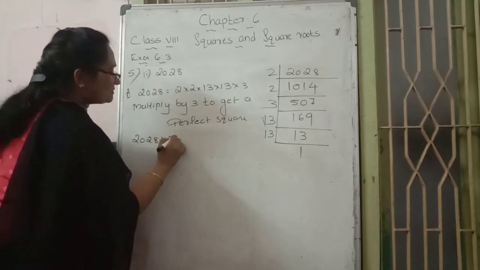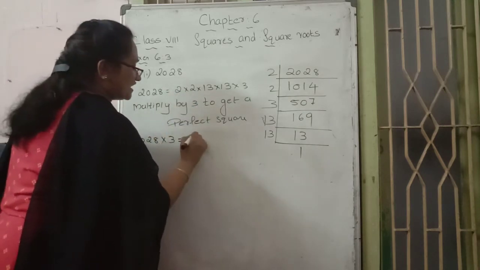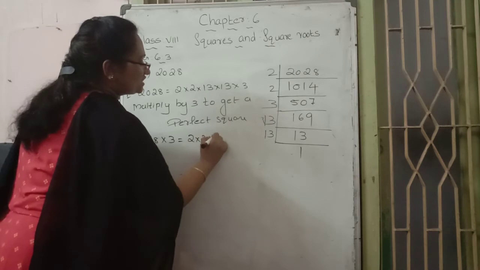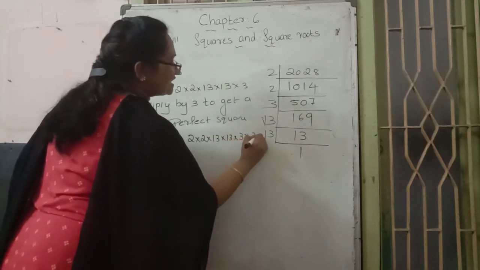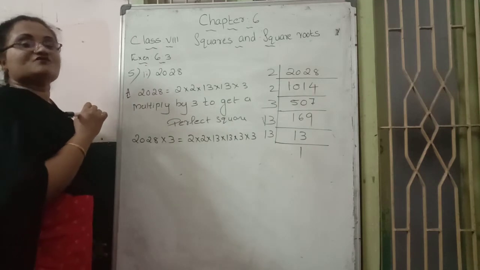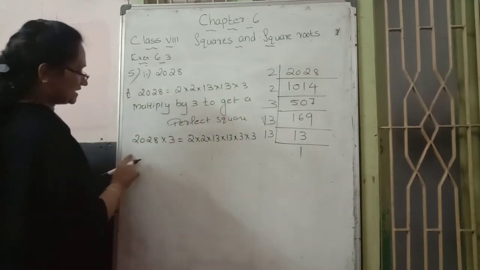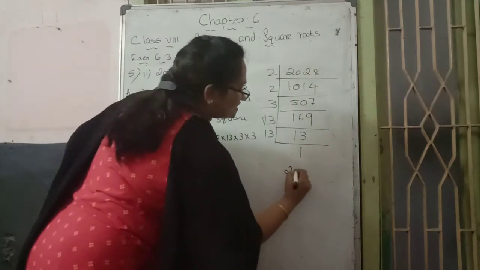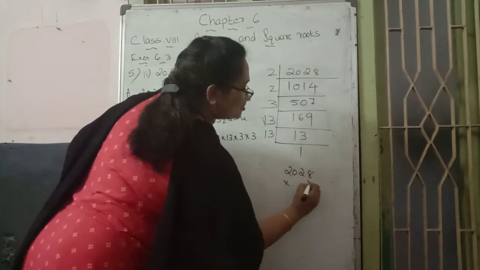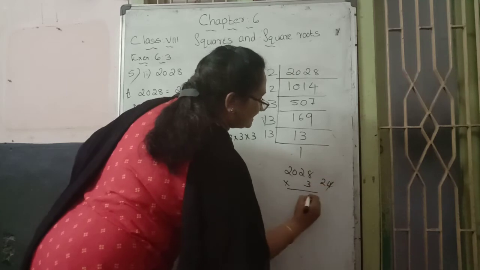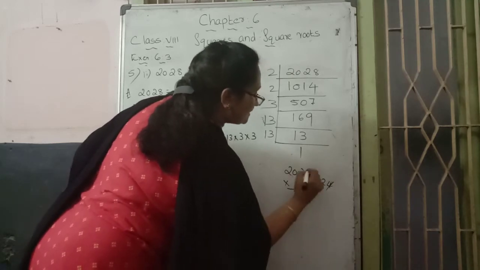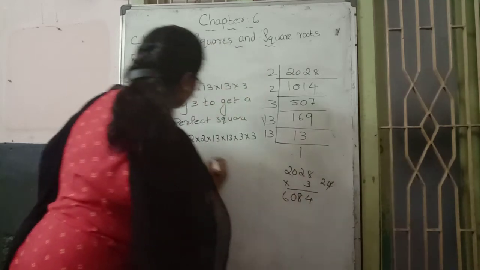That number is also multiplied with 3, and in the factor place 2 into 2 into 13 into 13 and 3 is there. That 3 is pairing with another 3, multiplying with 3. Then these left side numbers multiply. 2028 is multiplied with 3. 3 eights are how much? 24. 4 put and carry 2, 3 zeros are 0, 3 twos are 6. Then 0, 6. So our number becomes how much?